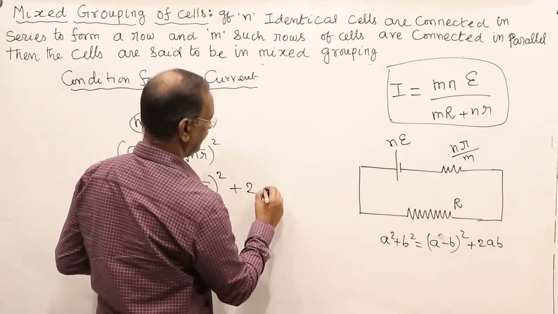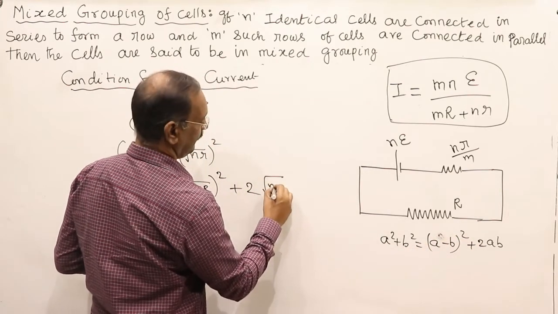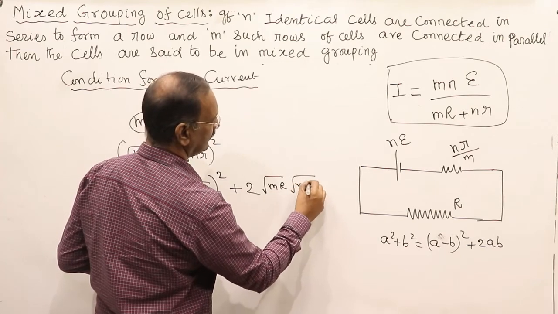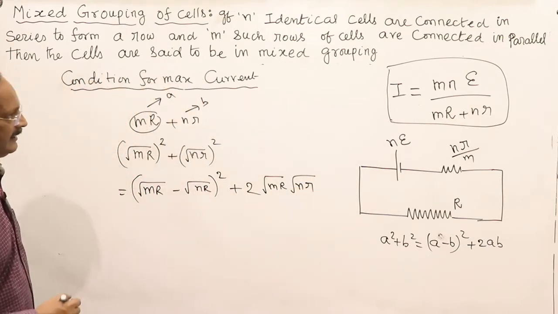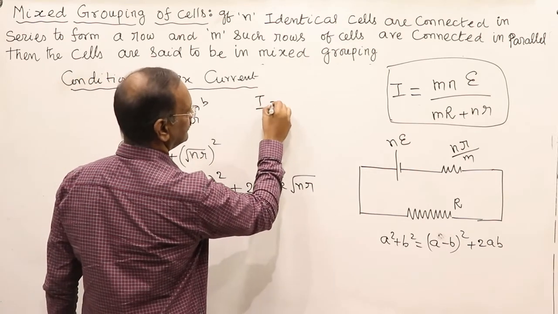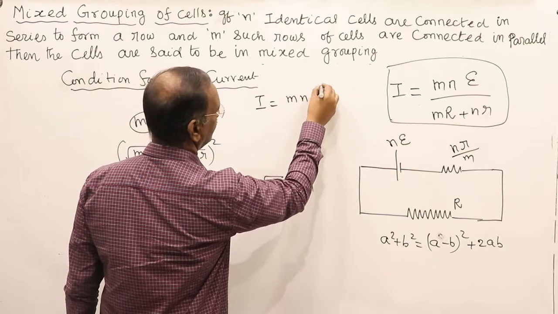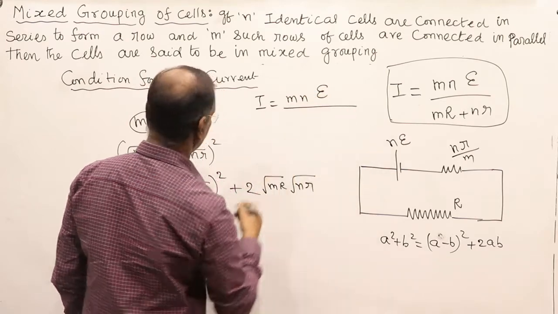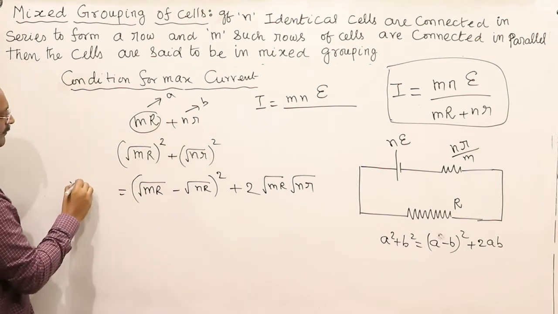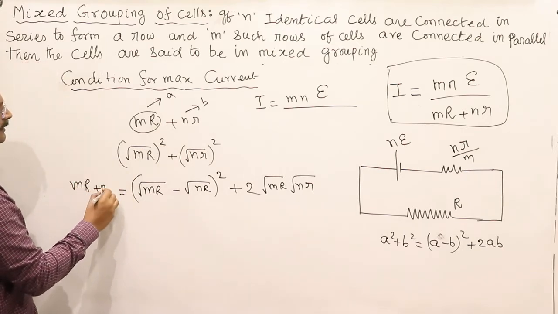So we can write the maximum value of the current I = mnε divided by (mr + nr).